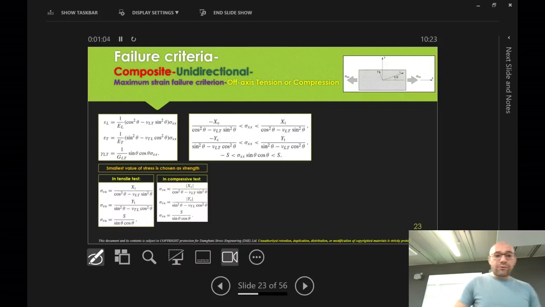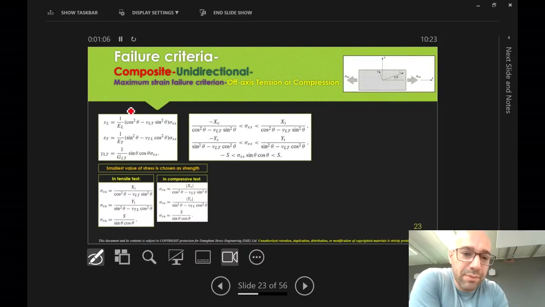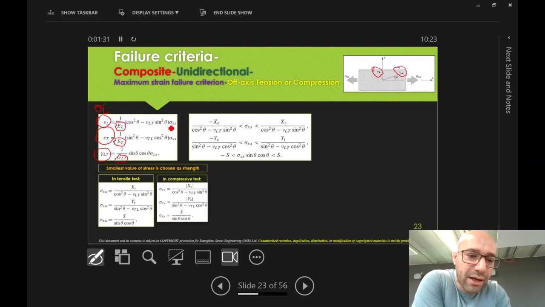The formulation is similar to the previous one. Instead of using sigma L, we are using epsilon L, or strain in the L, material direction. Just to remind you, this is the L direction. Epsilon T is strain in the transverse direction, and then the shear strain. And all of these, modulus of elasticity in one direction, modulus of elasticity in two or T direction, shear modulus in the plane, are associated to the stress in the loading, sigma xx.